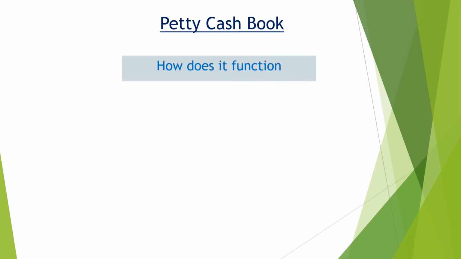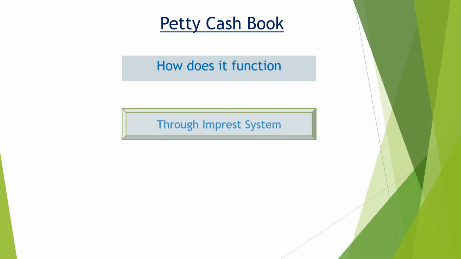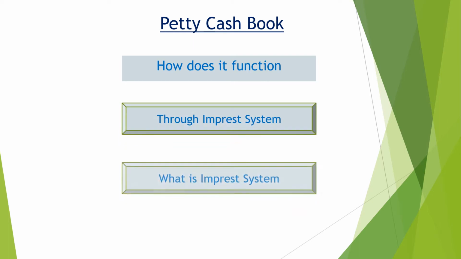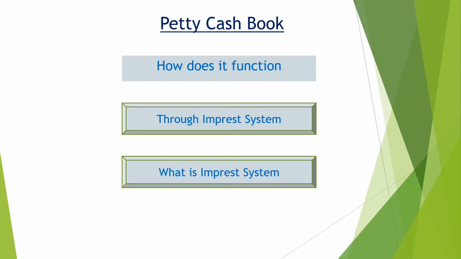How does it function? It functions through Imprest system. Let's see what is Imprest system. Under this system, an agreed fixed amount is given by the main cashier to petty cashier, which is also called float. The petty cashier makes payments of small amounts during the month.